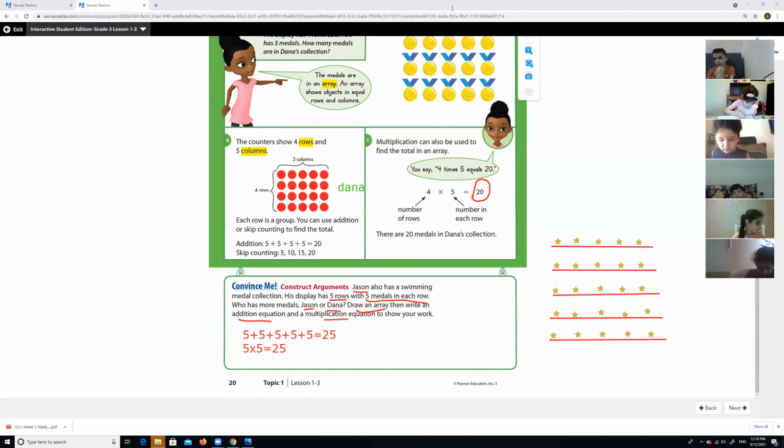So we said here, this collection is for Jason. So, who has more, Jason or Dana? We said Dana has 20, Jason has 25. So who has more? Excellent, Jason. Jason has 25, and the 25 is greater than 20. So Jason has more.